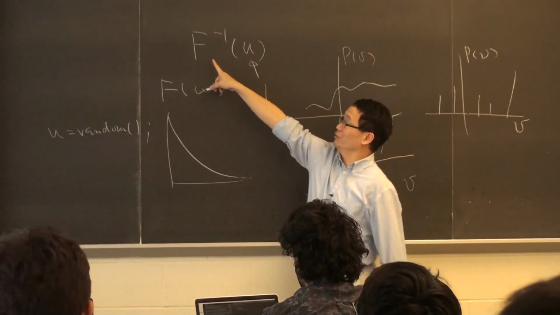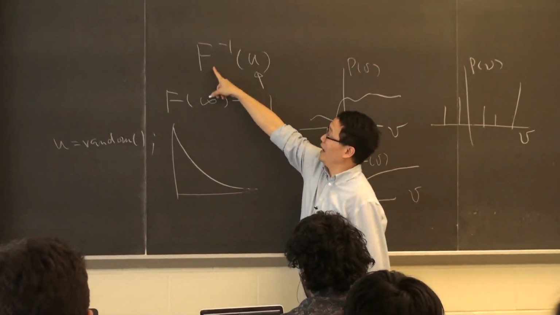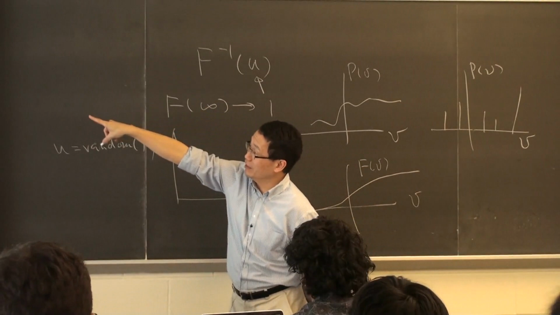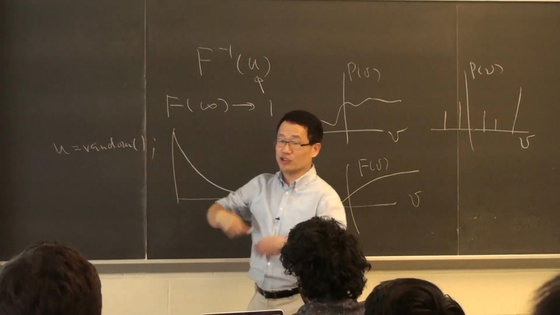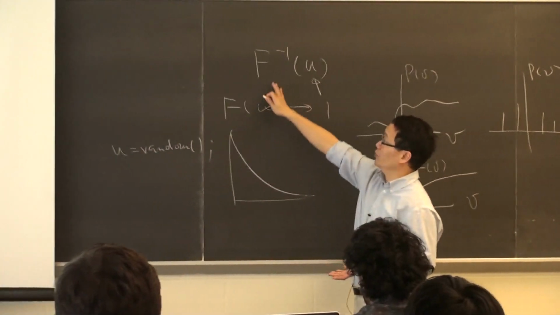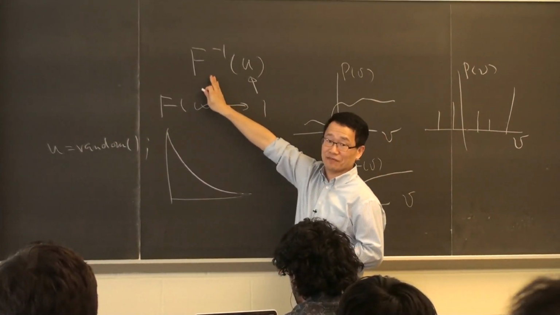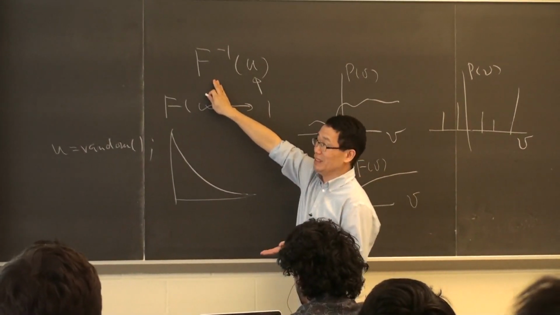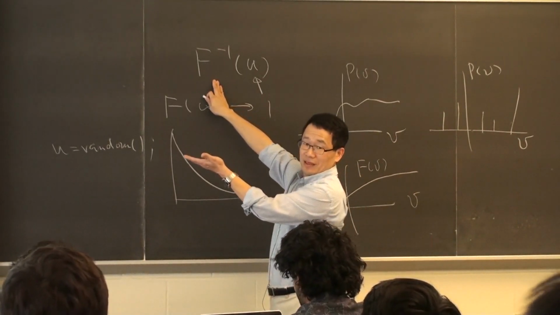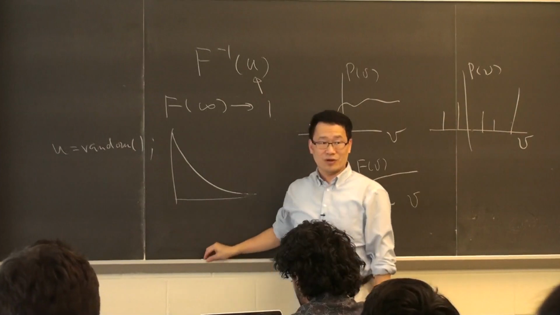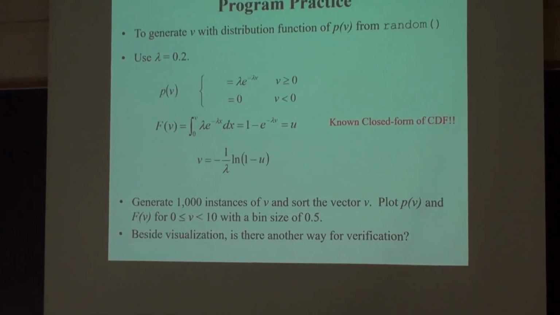So F minus 1, where F is nothing but a known CDF. So I can generate a random variable that has CDF F, or probability density function P. Try it once, a simple program for this case.